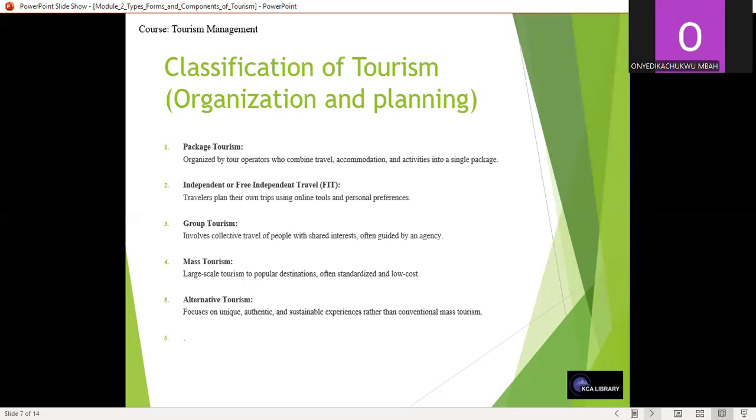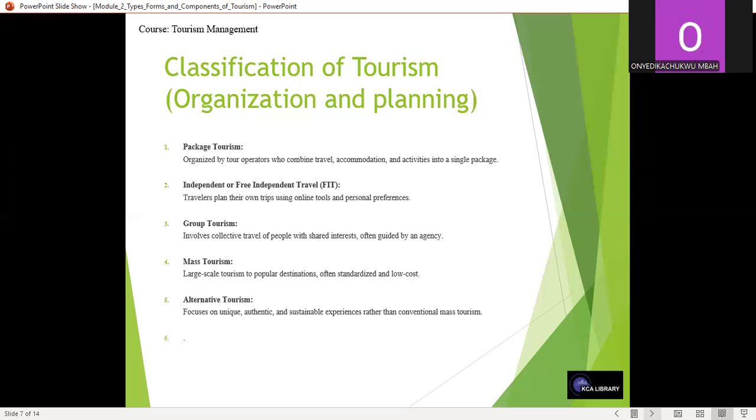Now we have classification of tourism based on organization and planning. So we have package tourism, usually organized by tour operators who combine travel, accommodation, and activities into a single package. Then we have independent or free independent travel, FIT. This is when travelers plan their own trips using online booking tools and personal preferences.